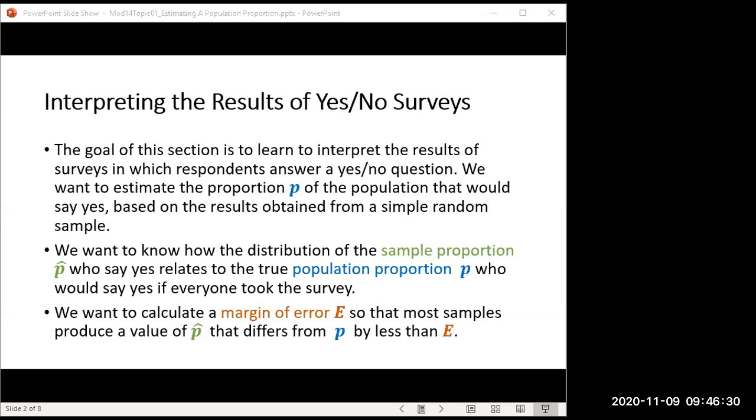So we have this blue letter P for the population proportion, and then we have the green letter P with a little hat on it, which is just the proportion of your sample who say yes. And when I say sample, I mean maybe 100 people that you've selected randomly from the full population.